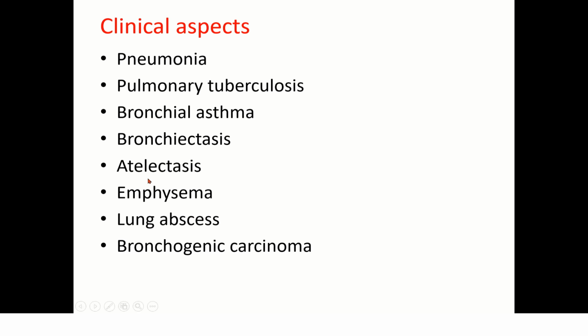Bronchiectasis, atelectasis, collapse of the lung. Then emphysema, lung abscess, and bronchogenic carcinoma, malignancy of the lung. All these are clinical aspects which will be dealt with in detail in the coming years when you go for the clinics and completely understood in the final year.